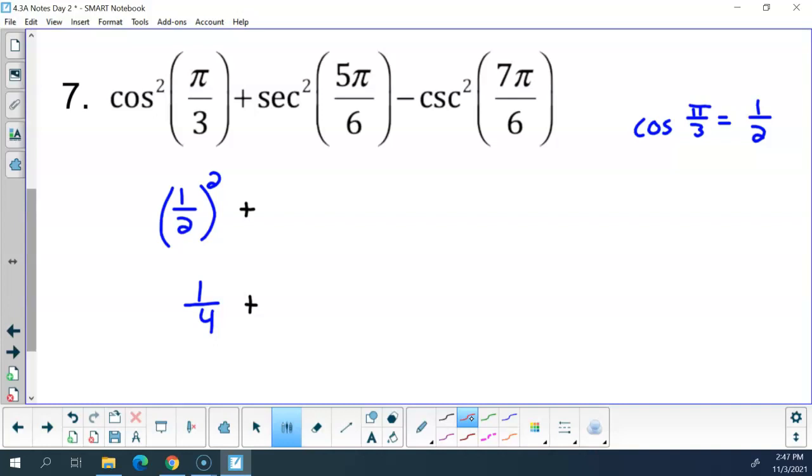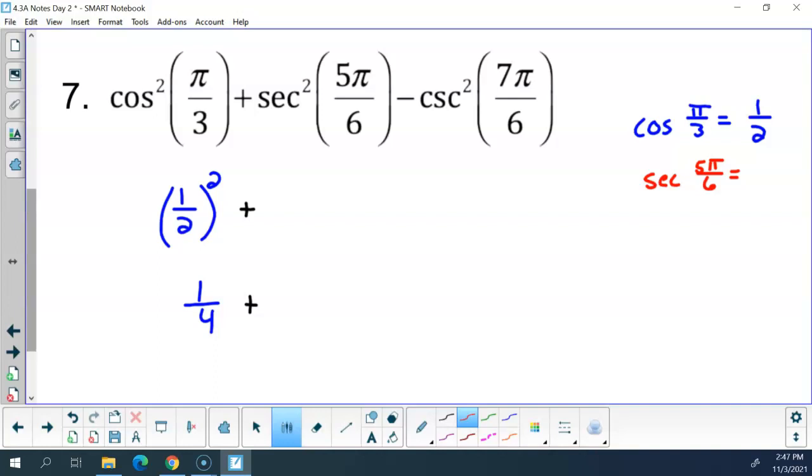Secant at 5 pi over 6. Secant is what? 1 over x, right? Okay. 5 pi over 6, so that's the reciprocal of the x value at 5 pi over 6.